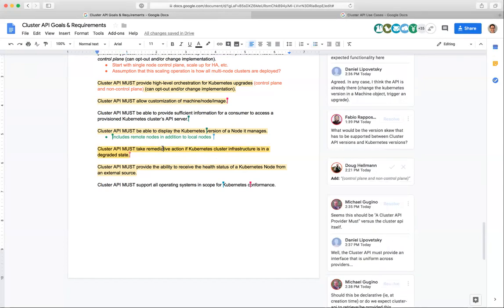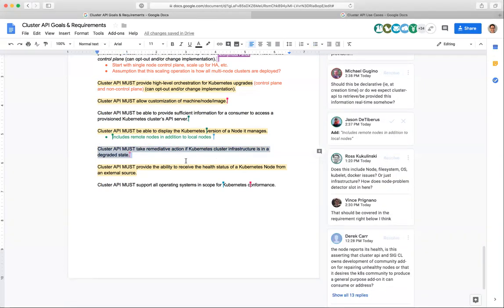Okay, next up is cluster API must take remediative action if Kubernetes cluster infrastructure is in a degraded state. So this is the idea, for example, that an EC2 instance terminates for whatever reason, and there's a cluster API machine that is associated with that EC2 instance, so there needs to be corrective action to either delete the machine and create a new one, or keep the machine, spin up a new EC2 instance, or whatever's appropriate.